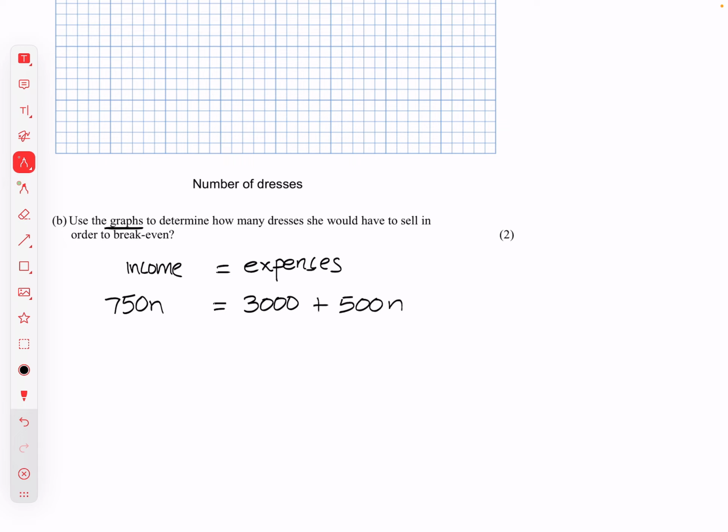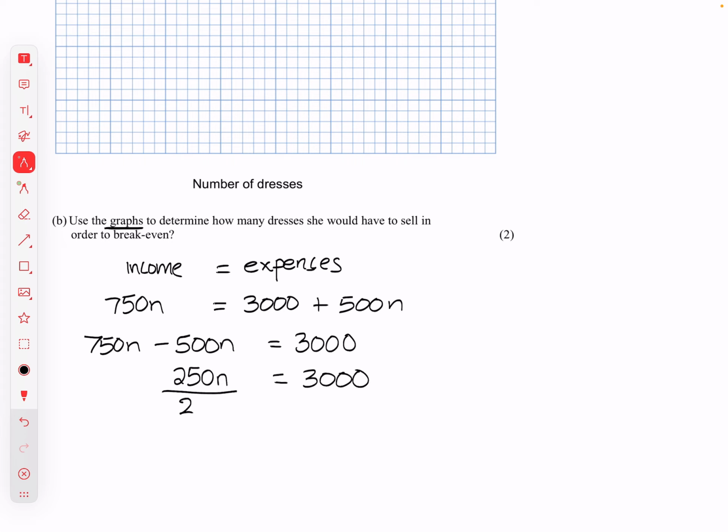So what you do is you subtract. You're going to go 750n, subtract 500n, equal to 3,000. And then you subtract the 2, and you're going to get 250n equal to 3,000.